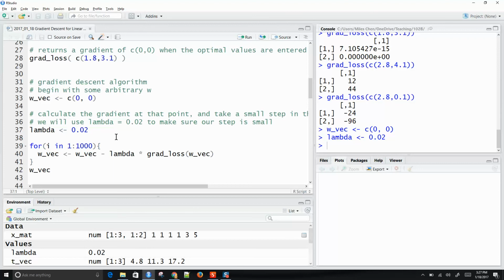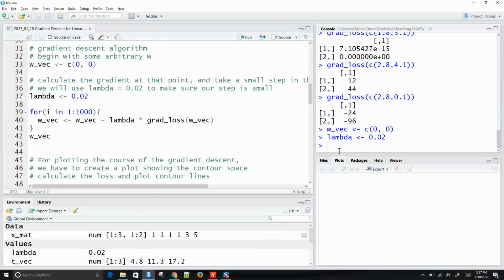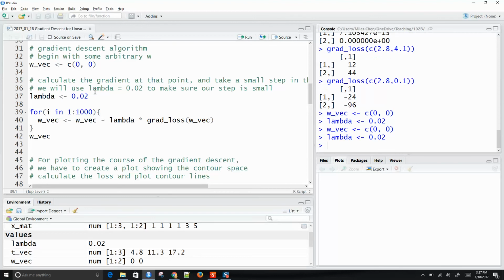All I'm doing is taking my w vector and subtracting off lambda times the gradient of our w vector. Our gradient function returns a two-dimensional thing, so I'm subtracting this off from there. I'm starting off at 0, 0, lambda 0.02, and I'm going to run this loop, taking 1,000 steps here.